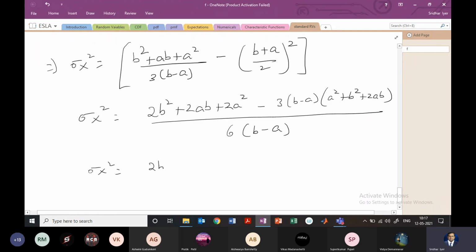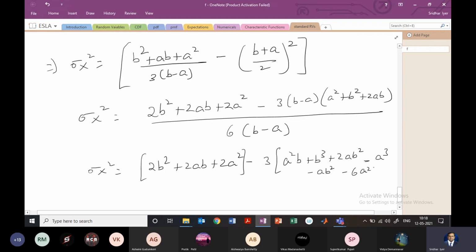So now you need to multiply this, and you'll have a square b plus b cube plus 2ab square minus a cube minus ab square minus 6a square, and this will divide itself with 6 into (b minus a).